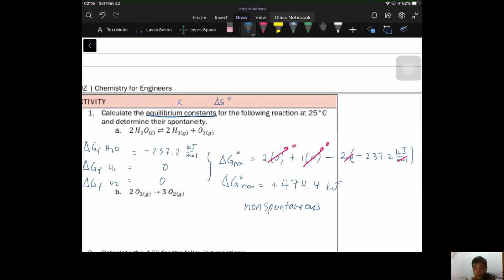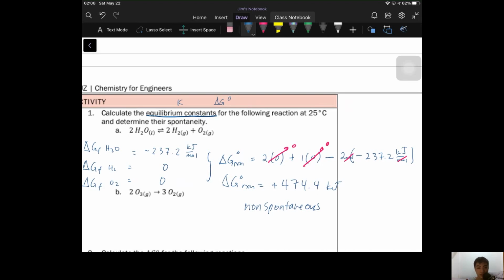And totoo naman, di ba? Kasi wala naman tayo nakita ng water na biglang nagiging hydrogen gas and oxygen gas. Ang pwede pa is yung water maging vapor. Pero yung water maging hydrogen gas and oxygen gas, walang ganon. Okay. Hindi nangyayari agad-agad yun. You have to do something pa for that to happen.